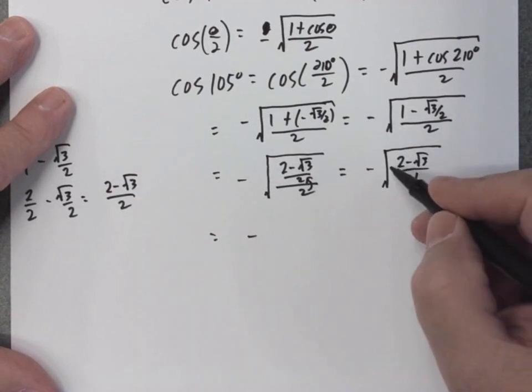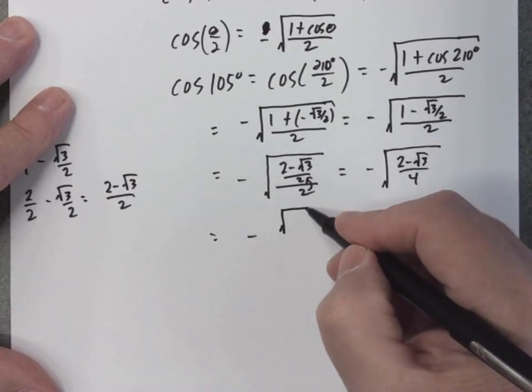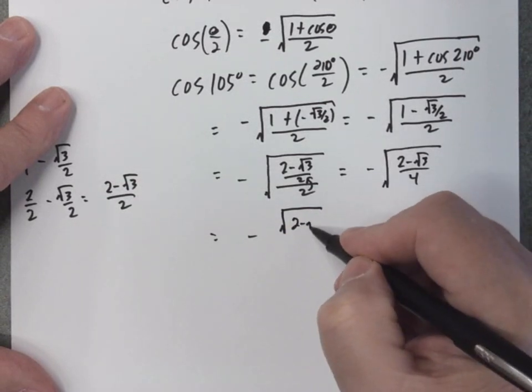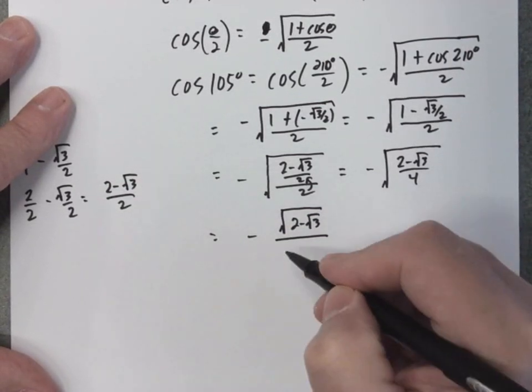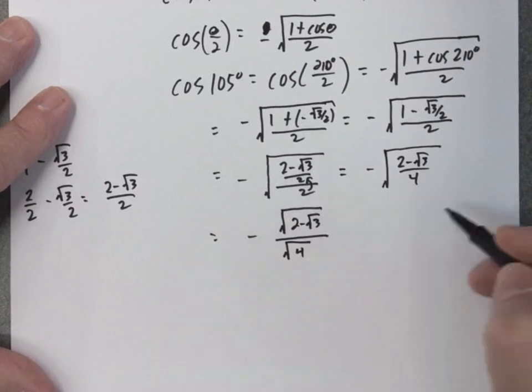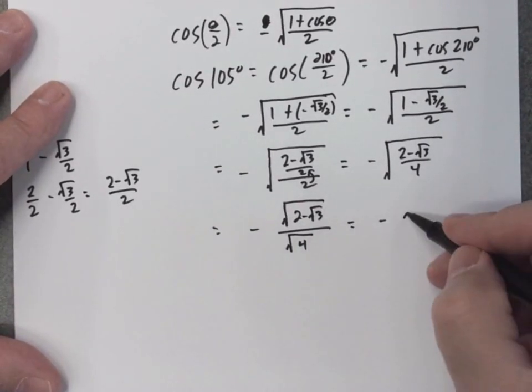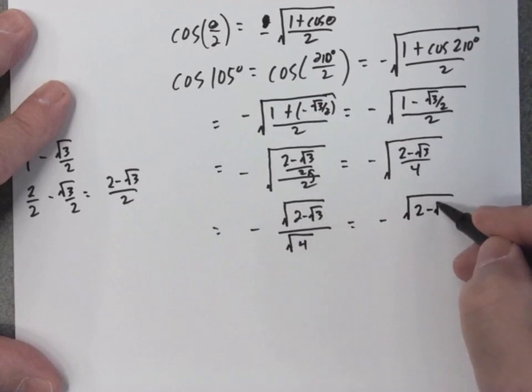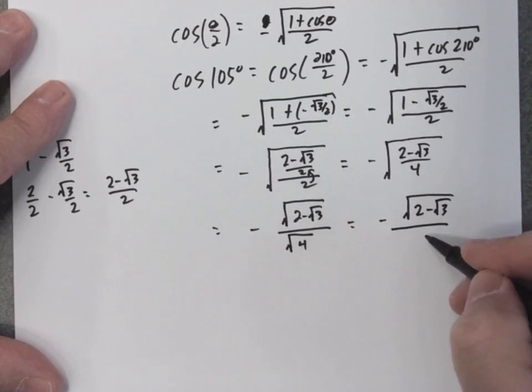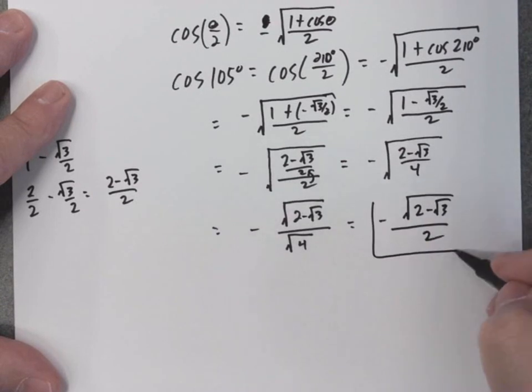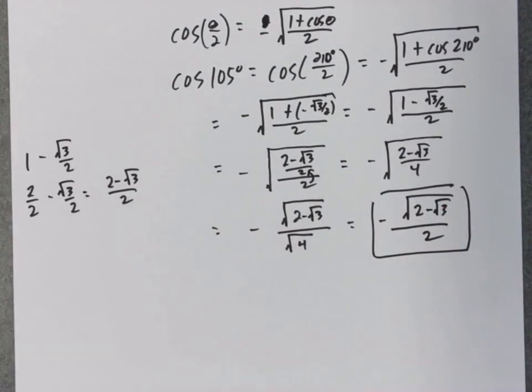When you have a fraction under a square root, you can break it up into separate square roots. Now, we know the square root of 4 is 2. So this actually would be the final answer. It's a little messy, but turns out that is the correct answer.